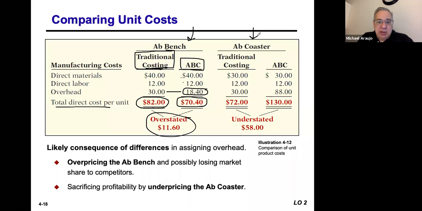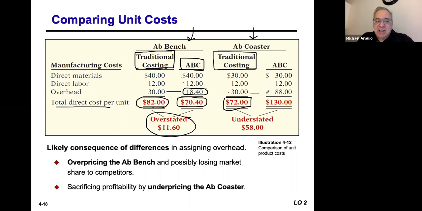The ab coaster, traditional cost methods, which we did in chapter 2 and chapter 3, would have only allocated $30 to overhead per ab coaster for a total of $72 in total manufacturing costs.